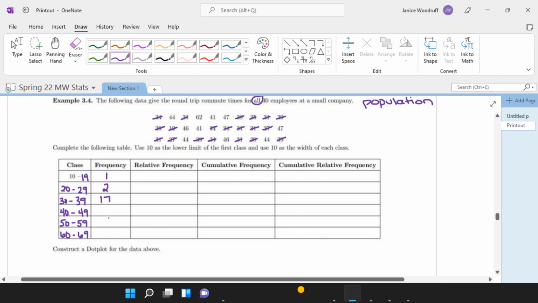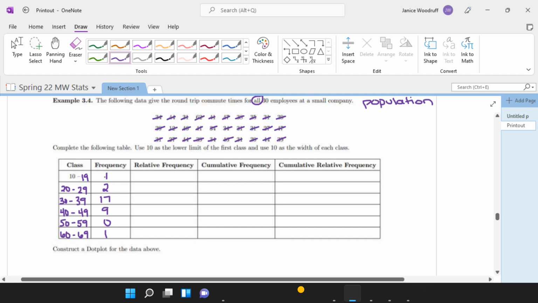Okay, so 17 there, that's a lot. 40 to 49: 1, 2, 3, 4, 5, 6, 7, 8, 9. 50 to 59, I've got 0. And 60 to 69, I've got that one piece of data left, 1.